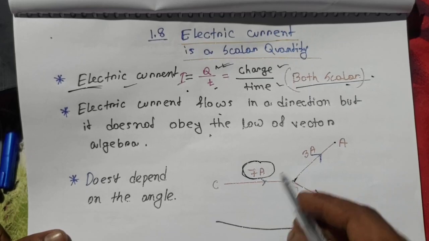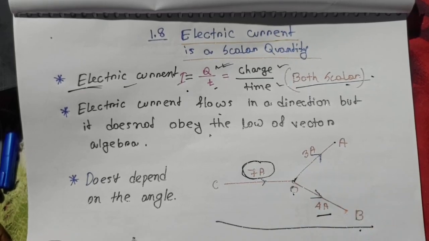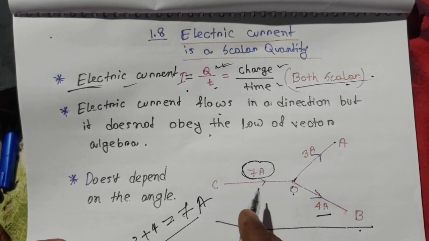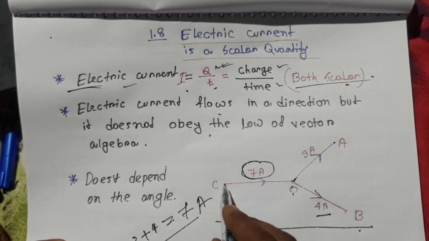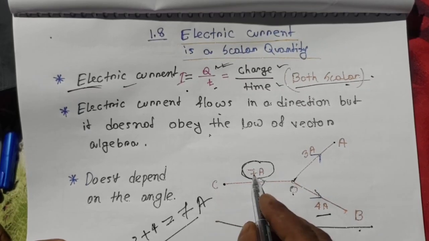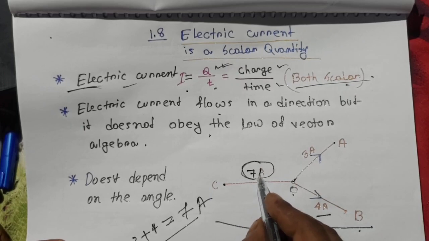So the total current will be 3 plus 4, 7 ampere. Okay, total flow of current from point C will be 7 ampere.